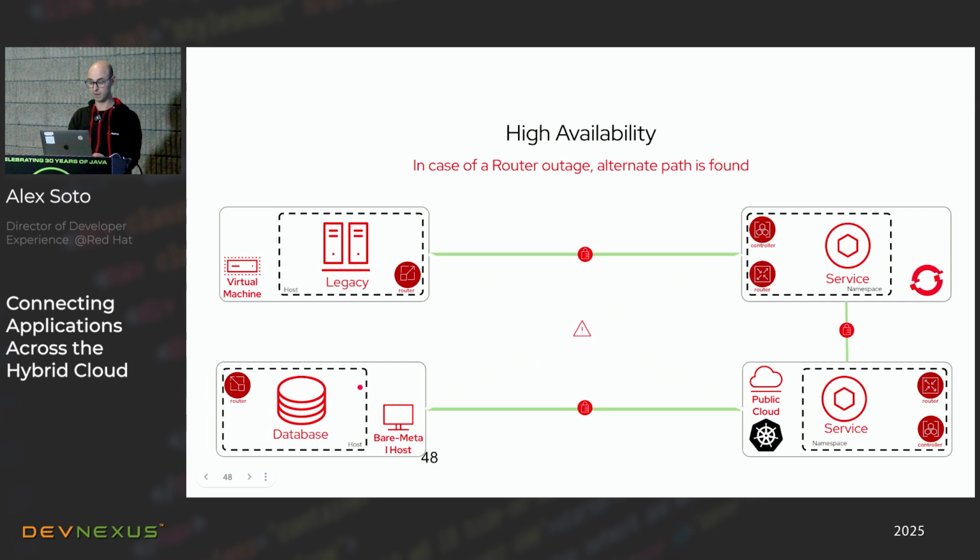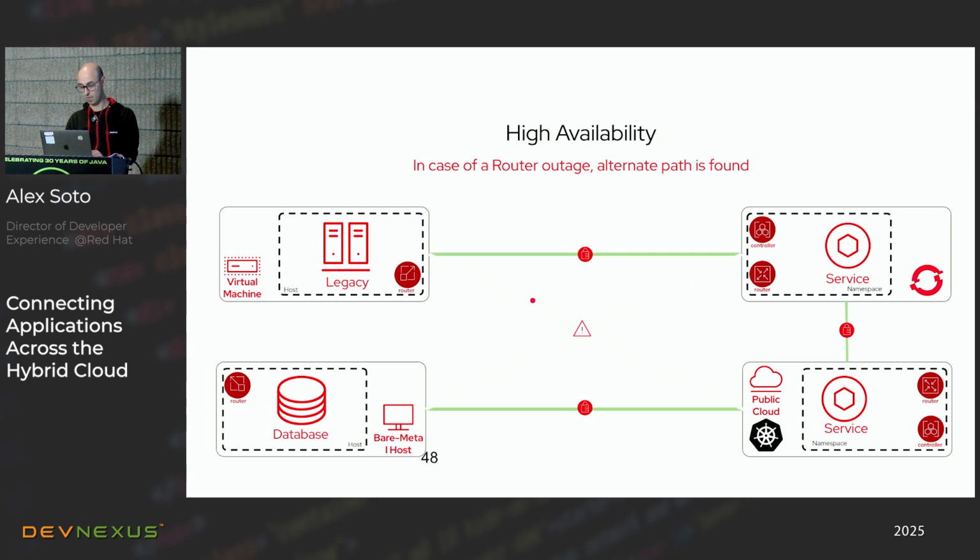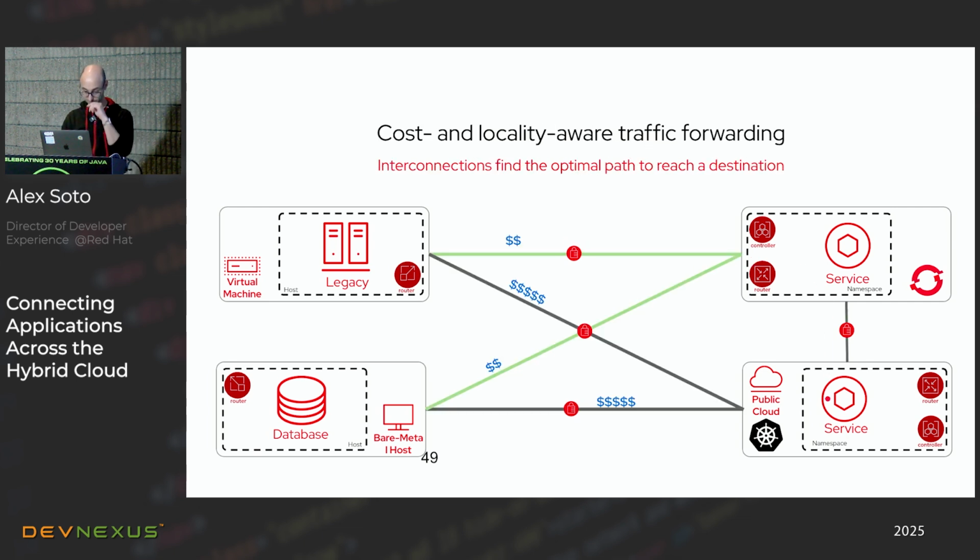What happens if there is an outage? No problem. It can find other ways to arrive at the cluster. This is the faster way, but if something goes down, for example these connections, then Skupper says, okay, I'm just going to find an alternate path.